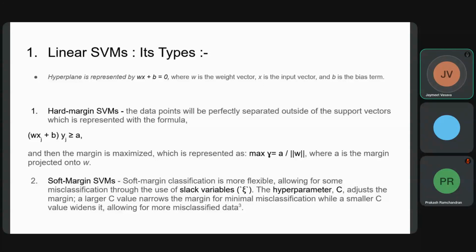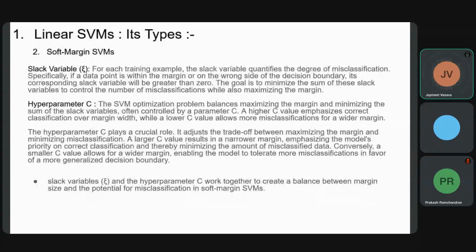So, what are these slack variables and the hyperparameter? Starting with the slack variables in soft margin SVMs, for each training example, the slack variable quantifies the degree of misclassification if the data point is within the margin or on the wrong side of the decision boundary.